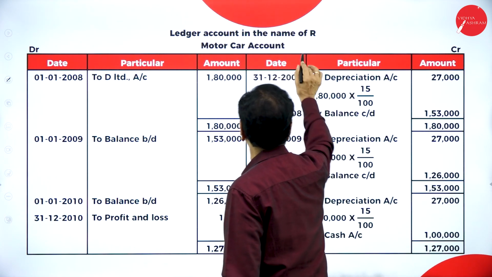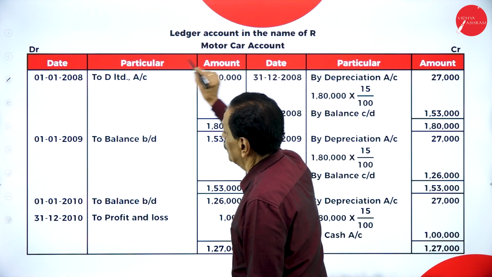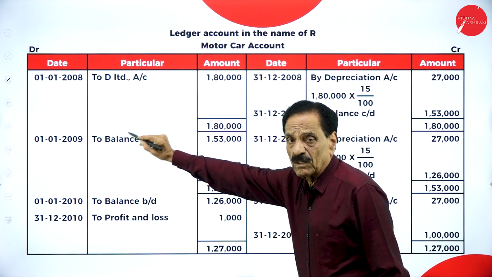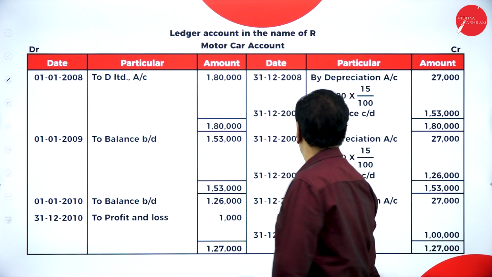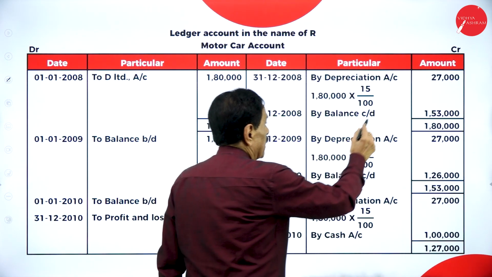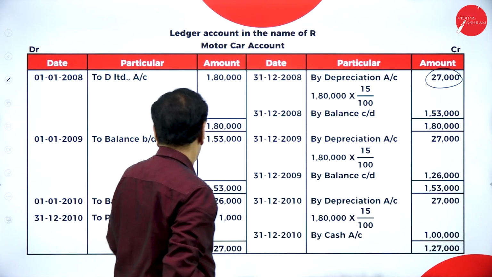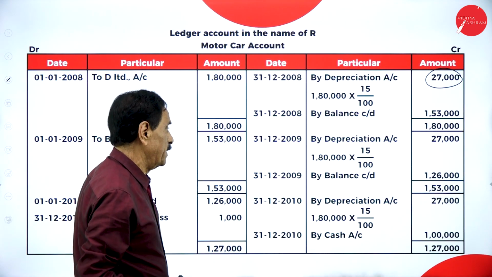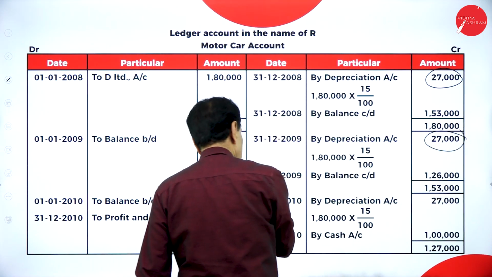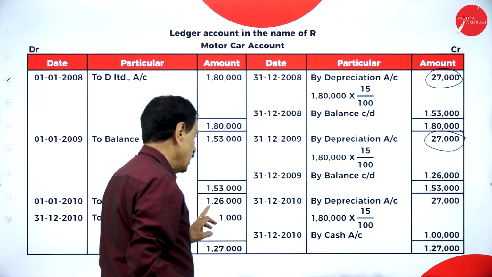Ledger account in the name of R, motor car account. Motor car account debit to D Limited, seller. Asset account debit to hire seller account D Limited 1,80,000. Depreciation at 15% is 27,000. Balance is 1,53,000, brought down 1,53,000. 15% is 27,000, so the balance carried down is 1,26,000.